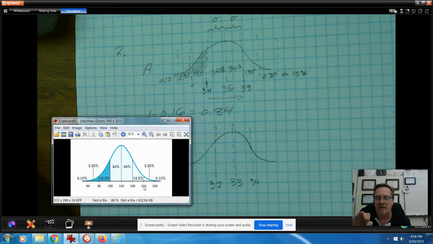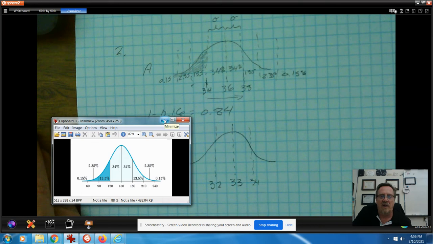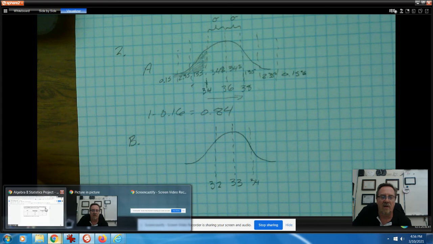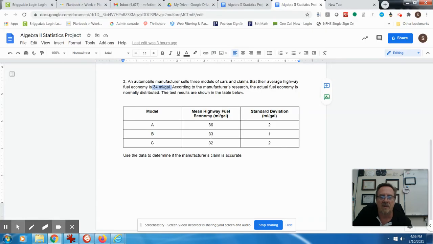We don't have to be real precise because all we're doing is relying on this normal distribution to tell us what the percentages are for each distance away. And each time I draw a line, I'm one standard deviation away. Since the problem we're working on tells us that we start at 33, one standard deviation away changes the value by 1 for this particular one, right?